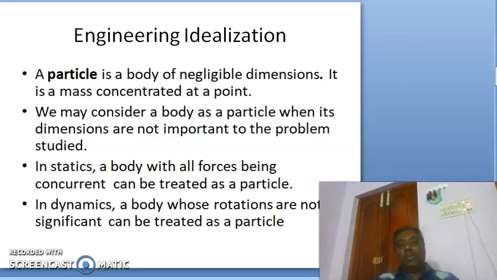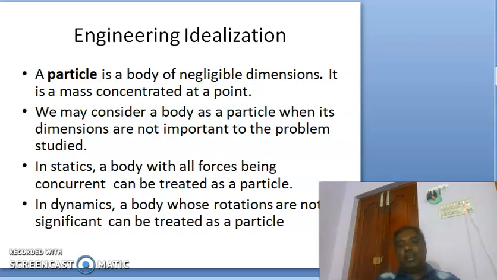The first one, particle, is a body of negligible dimensions. It is a mass concentrated at a point. We may consider a body as a particle when its dimensions are not important to the problem studied. In engineering, we have certain problems where we consider the dimensions of a body to be important or not.